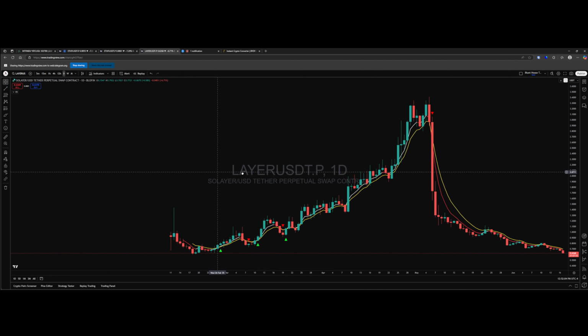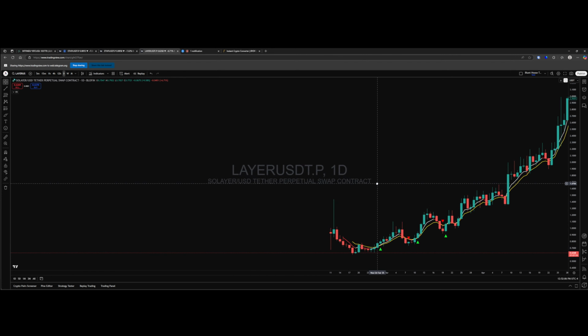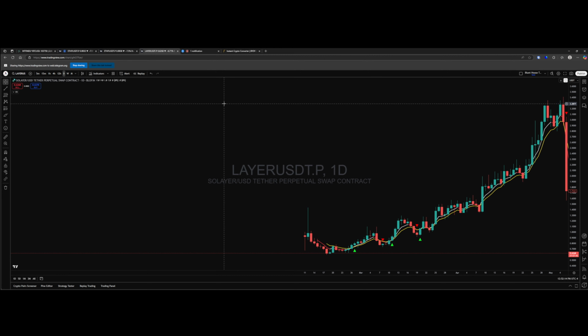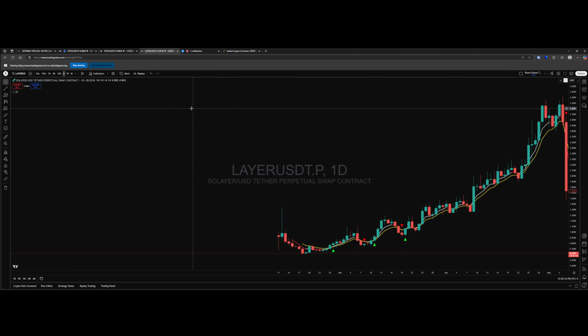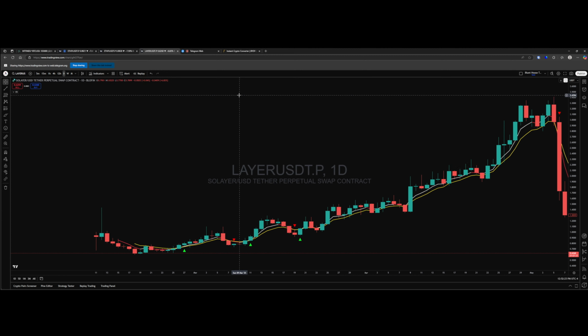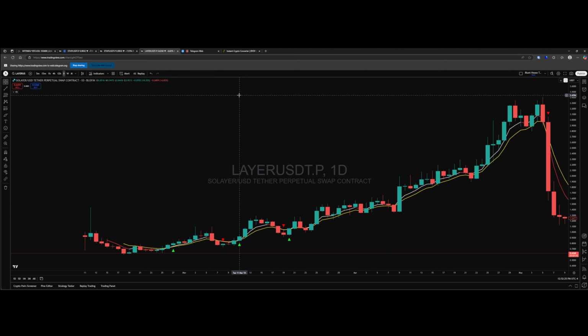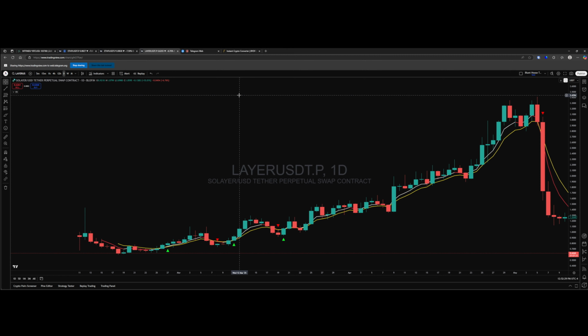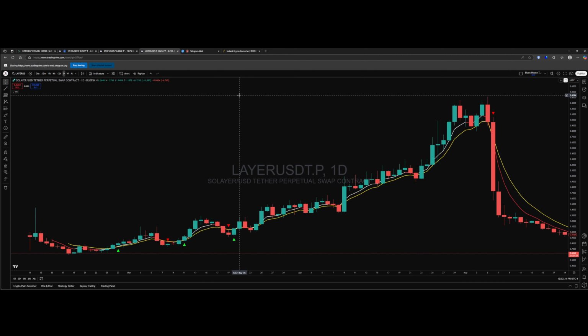As price was moving higher, and this is why I want to show you this, as price was moving higher and then started to roll over. So this is a daily chart, by the way. It's not a weekly or anything like this. A daily chart. Someone's saying, buy the dip, buy the dip, buy the dip. Hey, we're consolidating, buy the dip. This is all the stuff you'll hear.